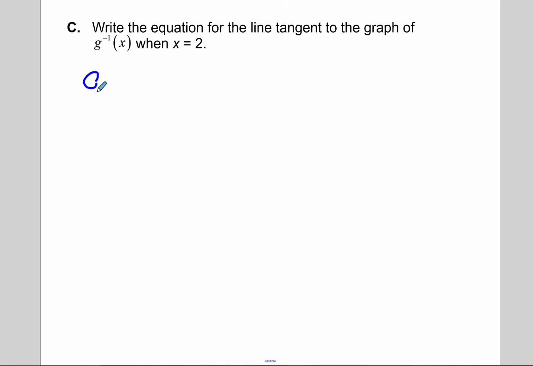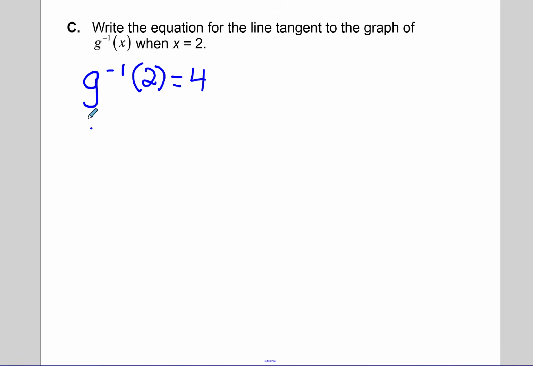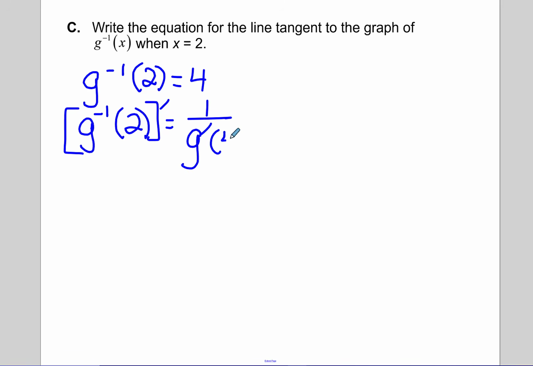Write the equation for the tangent line to the graph of G inverse of X when X is 2. Well, we just saw the G inverse of 2. Let's go back and look. The G inverse of 2 is 4. And what's our slope? At 2, it would be 1 over G prime at 4.